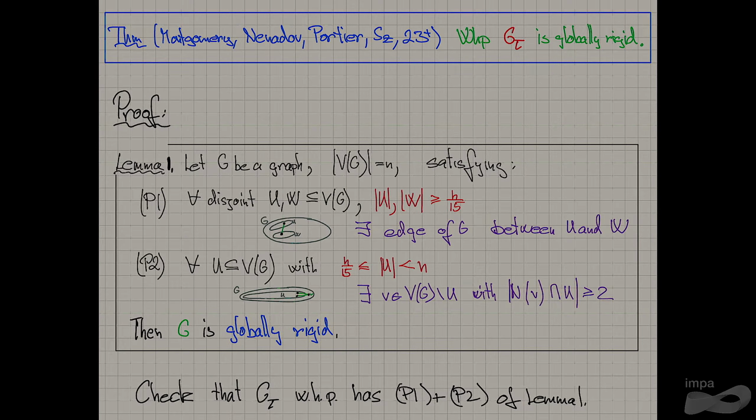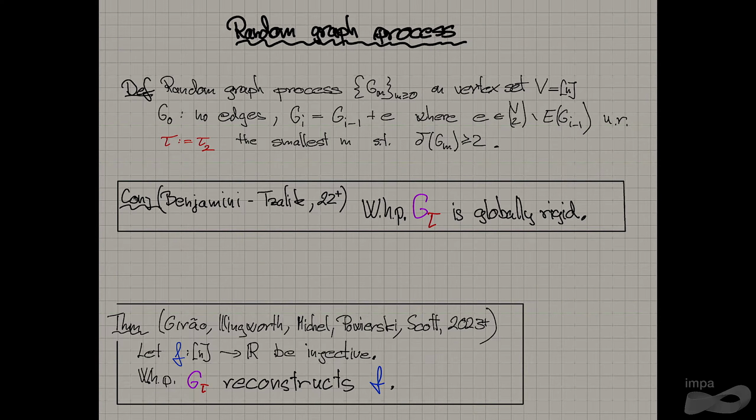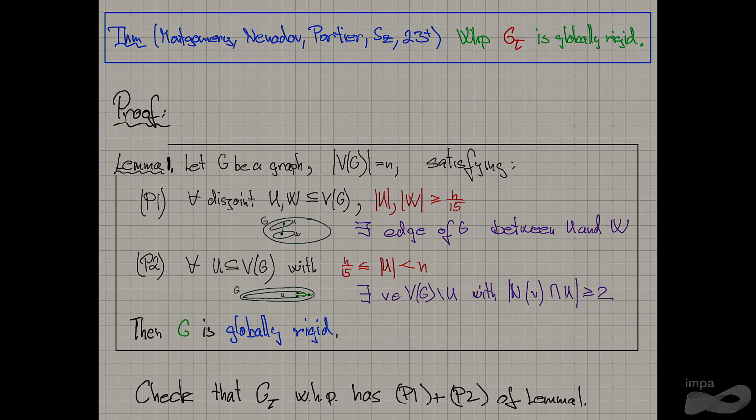So in our first main result, we show that the quantifiers can be exchanged. So f can be taken inside the G_tau, namely, with our new notation, we prove that with high probability G_tau is globally rigid.